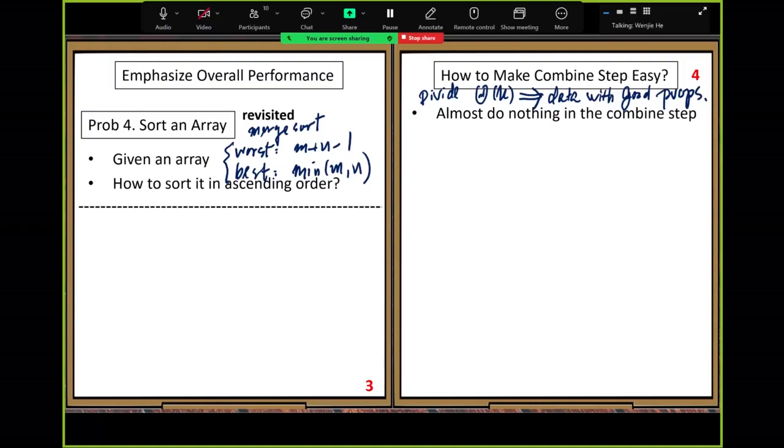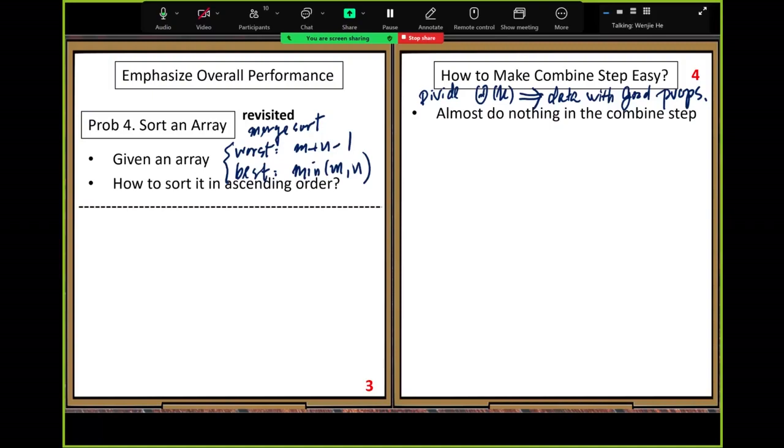Now we want to think about what good property we want to have after the divide step, so that when we combine, after the conquer step, the second step where we call the recursive functions, we get each of the two subarrays ordered. So after the conquer step, you can assume those two subarrays are ordered.